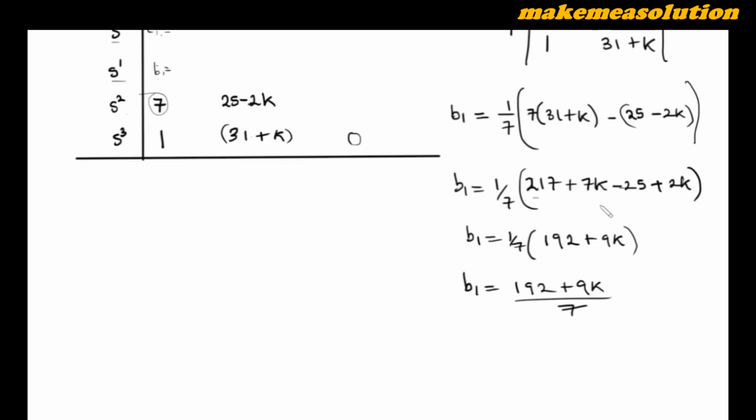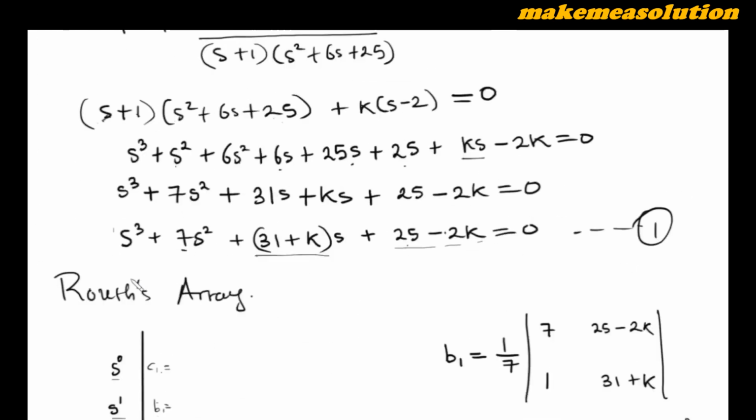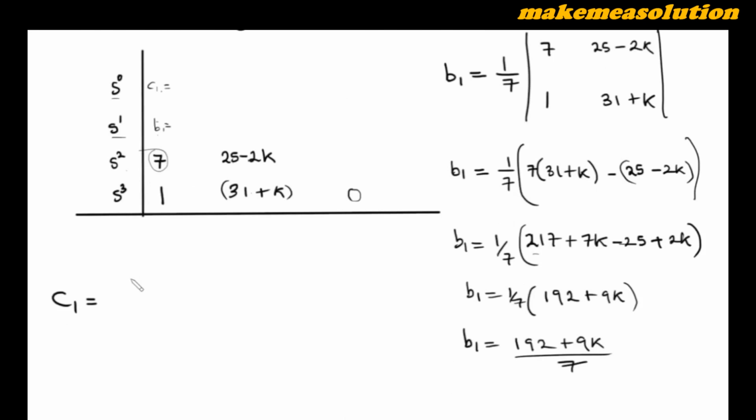Then if you now want to solve for our c1, sorry, I'm trying to conserve my space. To get your c1, remember we've gotten our value for b1, and we got our value for b1 as 192 plus 9k divided by 7.